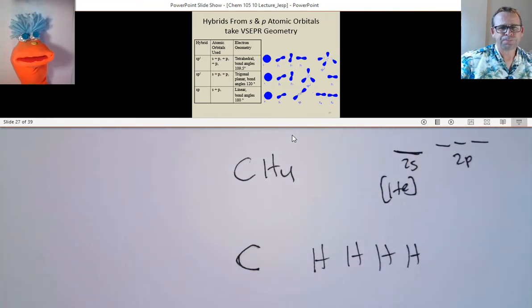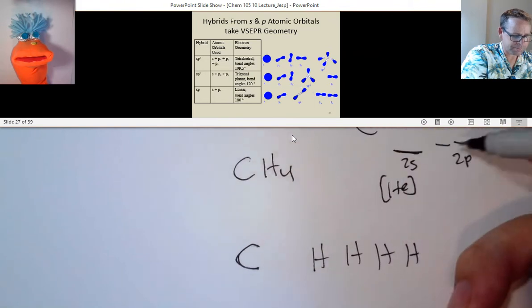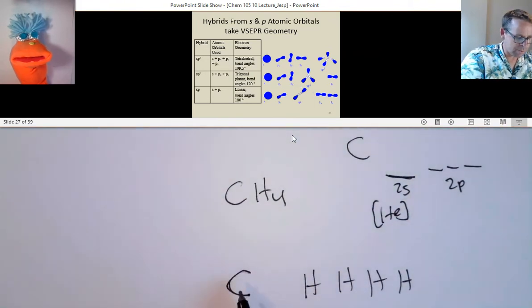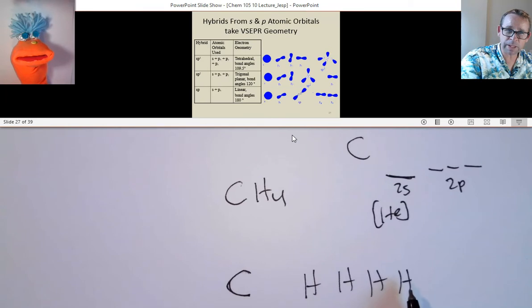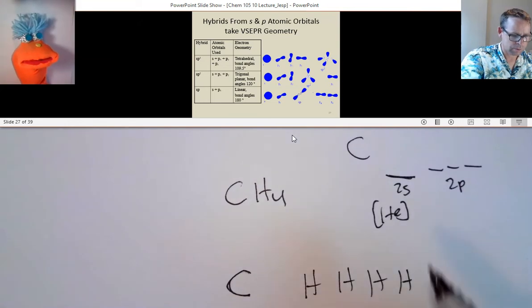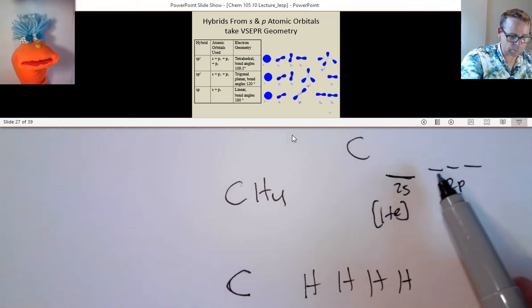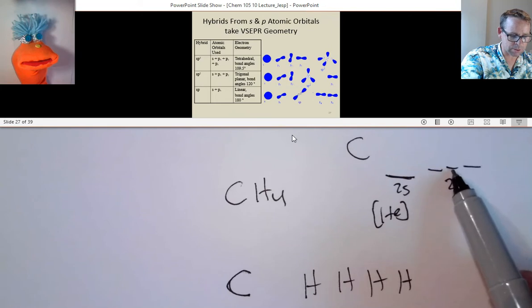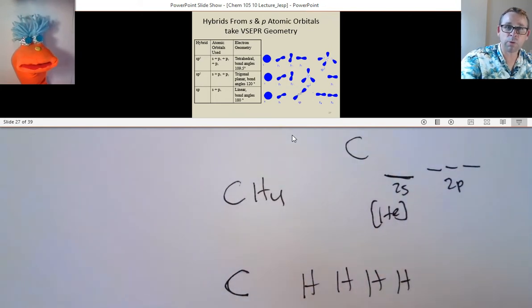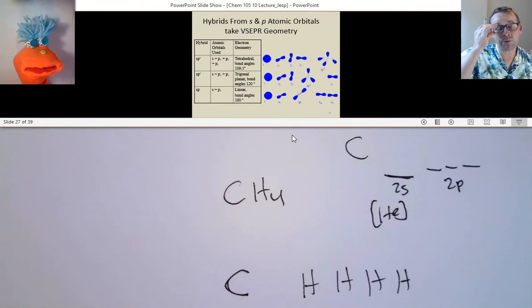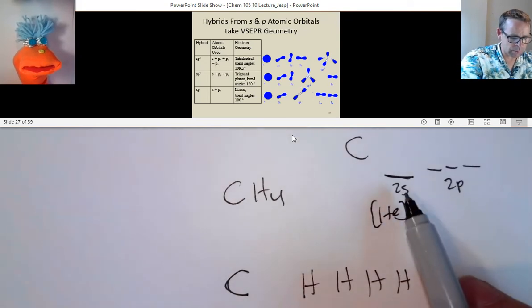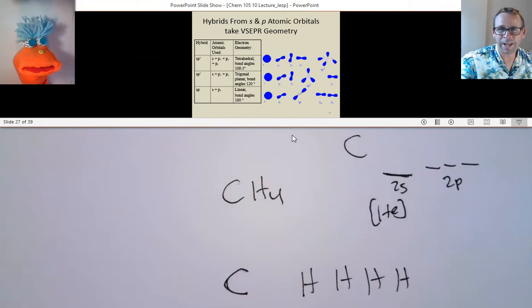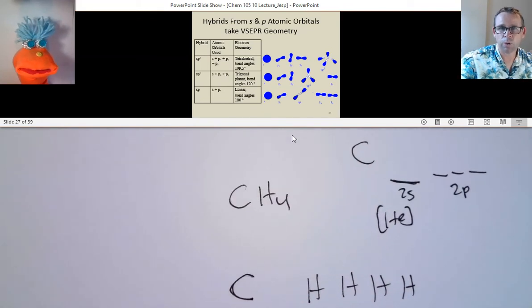So if carbon needs to extend 4 regions of electron density, it takes 4 of its atomic orbitals: one of this s, one of the p's, the third one, and then the fourth one. It takes all 4 of those, combines them together, and forms 4 hybrid orbitals. Now, 4 hybrid orbitals that come out of the combination of one s and 3 p's, we name sp3 hybrid orbitals.